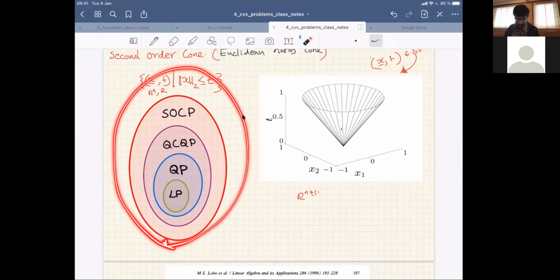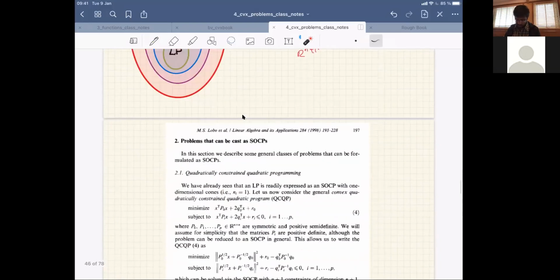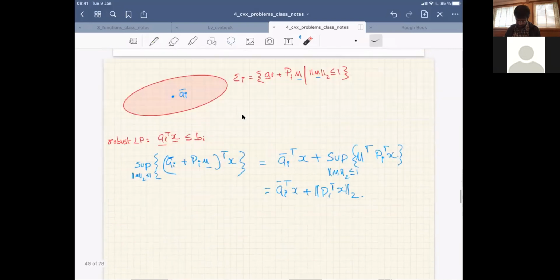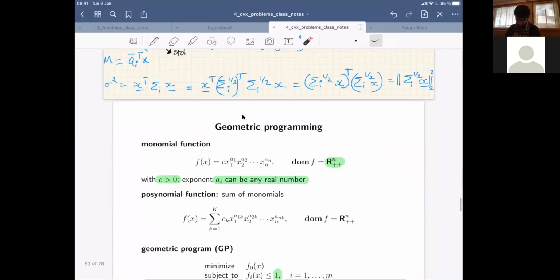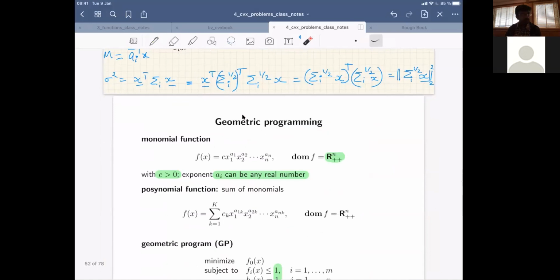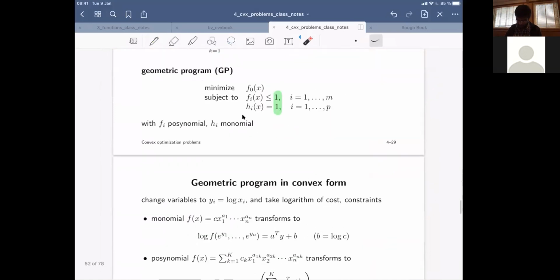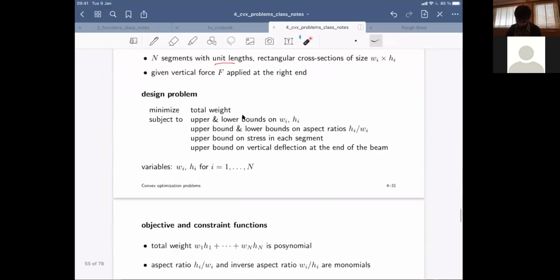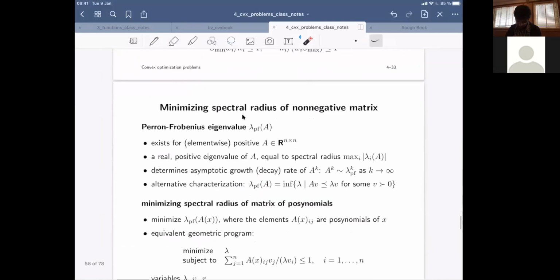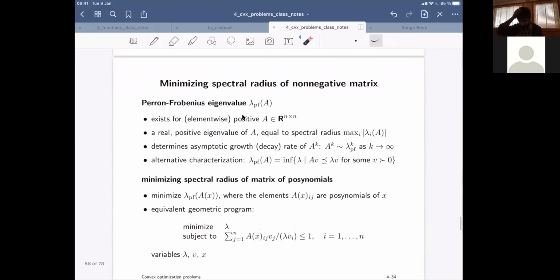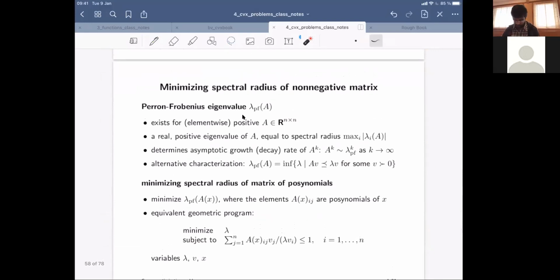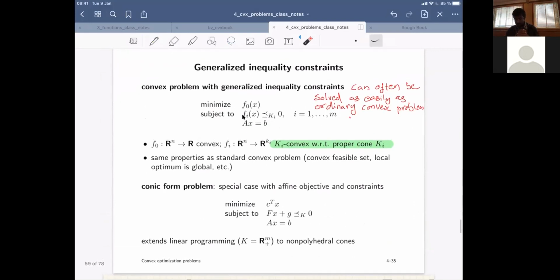GP, the geometric program, will not fit into that hierarchy. So I am just skipping this now, but we will come back to this slide later. Let's move to the next class.